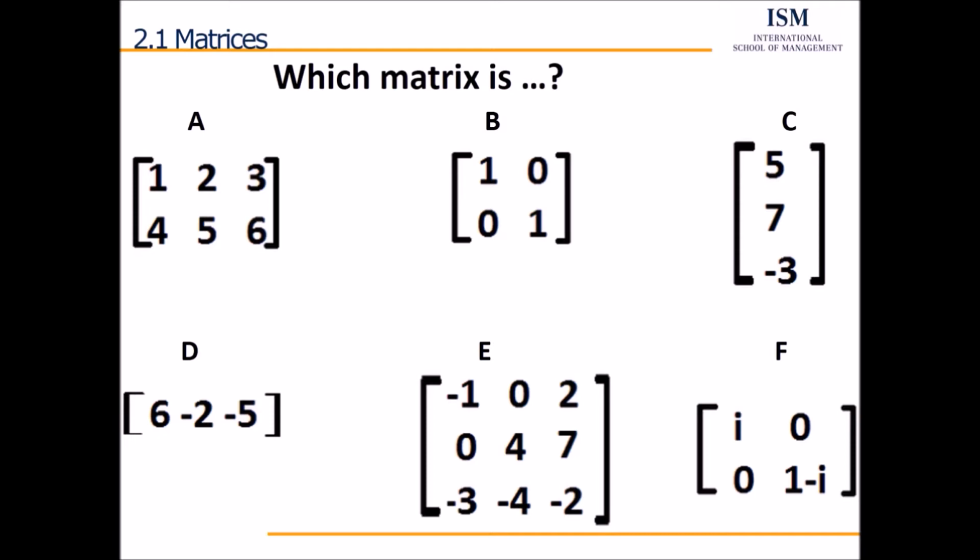Which matrices are square matrices? Which matrix is a diagonal matrix? Which matrix is an identity matrix? Is matrix A a 2 by 3 matrix or a 3 by 2 matrix?